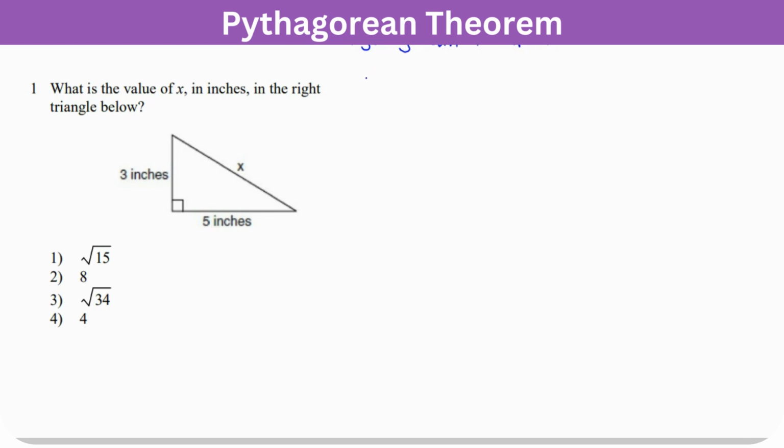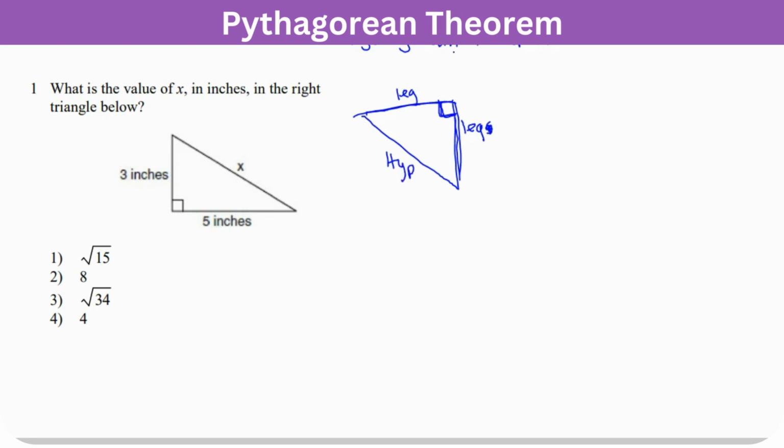And so what it says is that if this is, say, for instance, your right triangle right here, this is the right angle, the 90 degrees. The sides that are on either side of your right angle, these are what you call your legs, okay? And this is your hypotenuse right here.